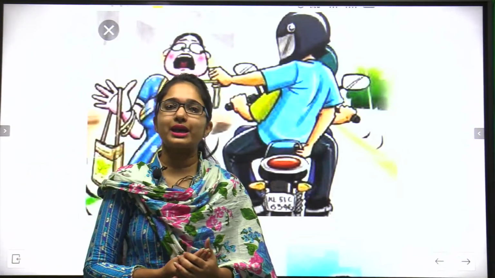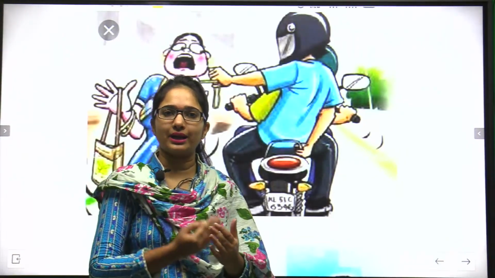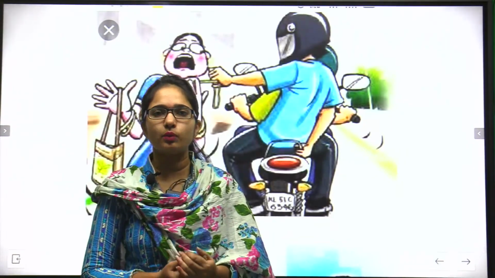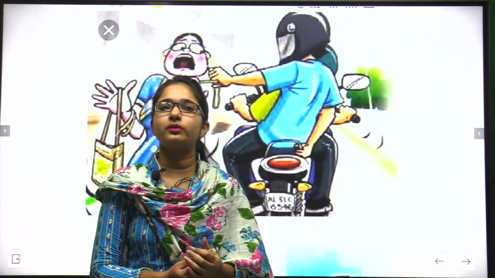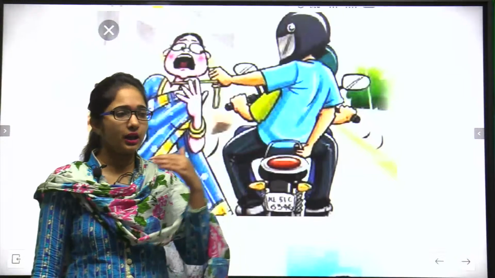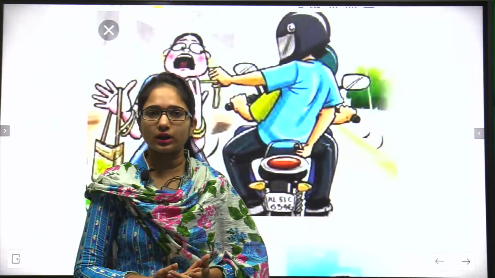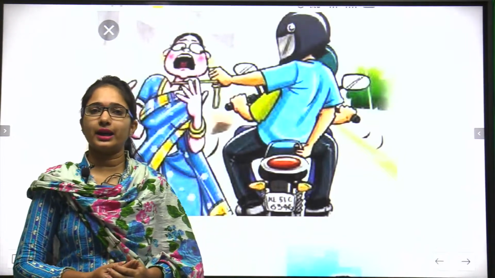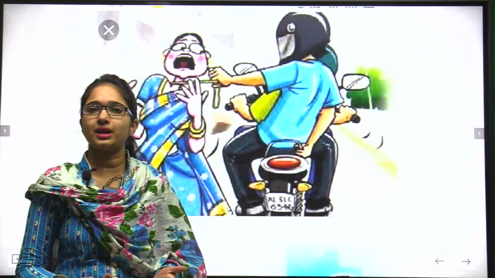The lady was helping him, telling him the address, but suddenly the man snatches the chain from the woman's neck and takes off on his vehicle. The woman was shocked and she was running behind him, but she was not able to catch that thief.